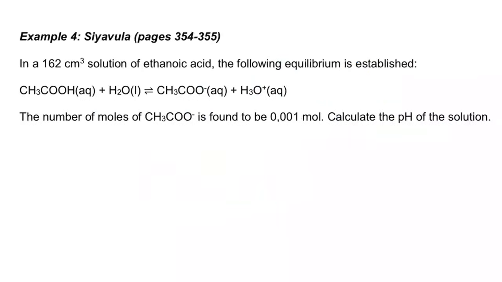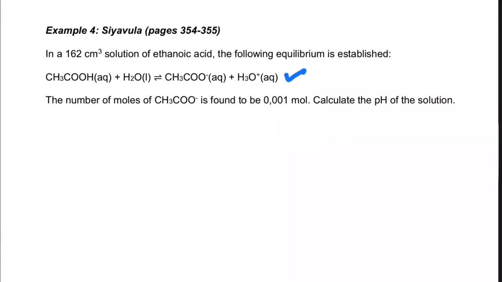Example 4. In a 162 centimeter cubed solution of ethanoic acid, the following equilibrium is established. We are given an equation here, and then the question says the number of moles of CH3COO minus is found to be 0.001 moles. Calculate the pH of the solution.